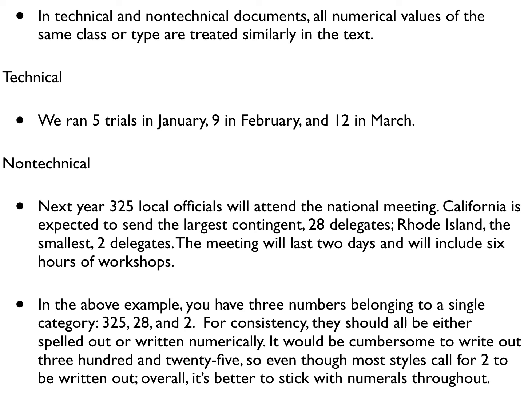And then if we've already used a numeral for numbers of people, then we're going to continue to do that: 28 and 2 delegates. But 2 days is a different category or class or type. So the number of days and hours is different, so we can spell that out.